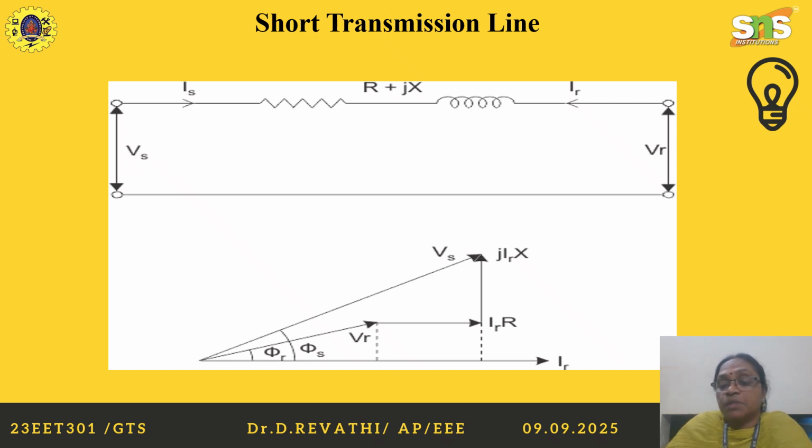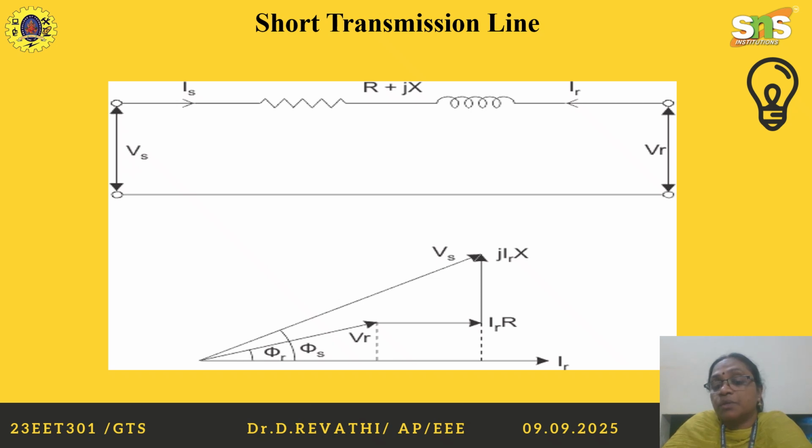From that we draw the other components, which consist of IR R plus IR jX. IR R is parallel with the current IR.